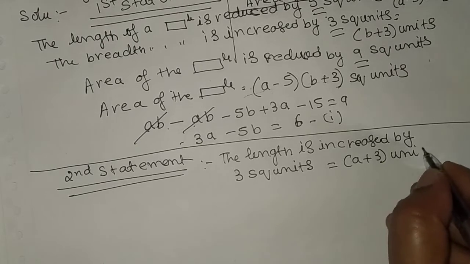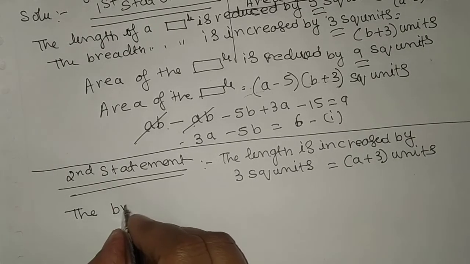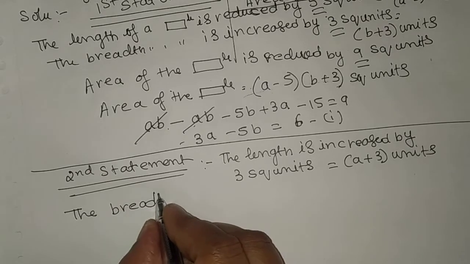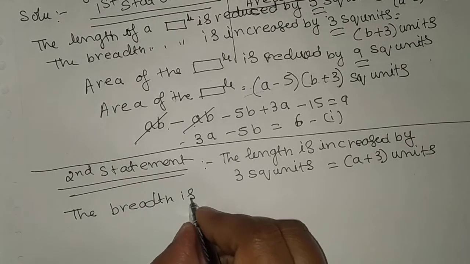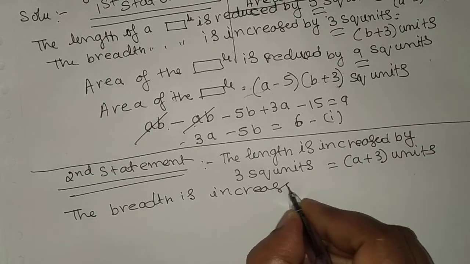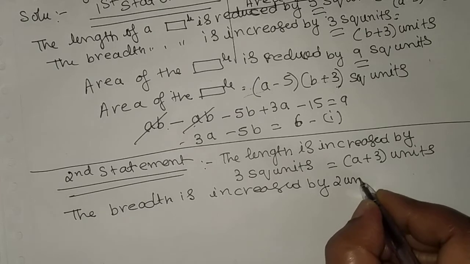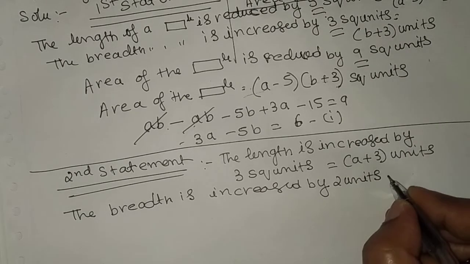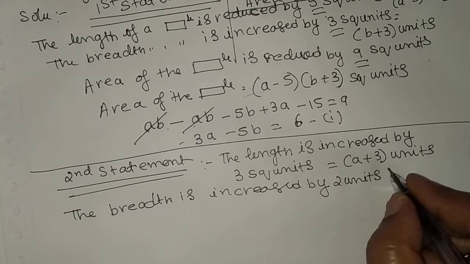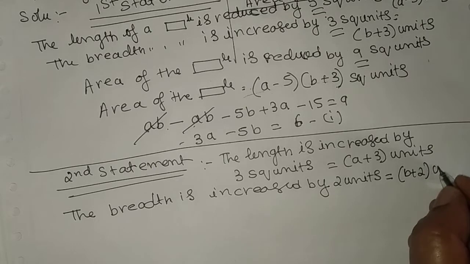Then the breadth is again increased by how much? 2 units. So how can we write it? Therefore, breadth can be written as B plus 2 units.